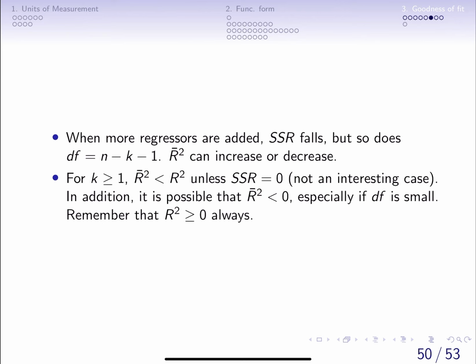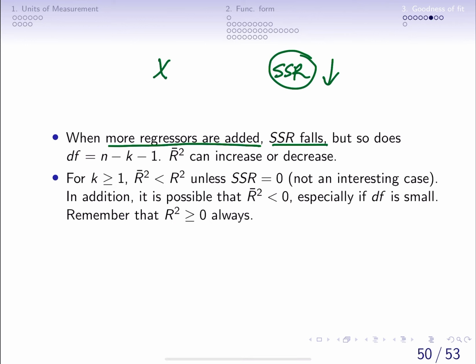Remember that when more regressors are added, the sum of squared residuals would fall, but the degrees of freedom would also fall. If you had, let's say, 10 variables initially, and now you introduced 15 explanatory variables, the degrees of freedom is going to be smaller.